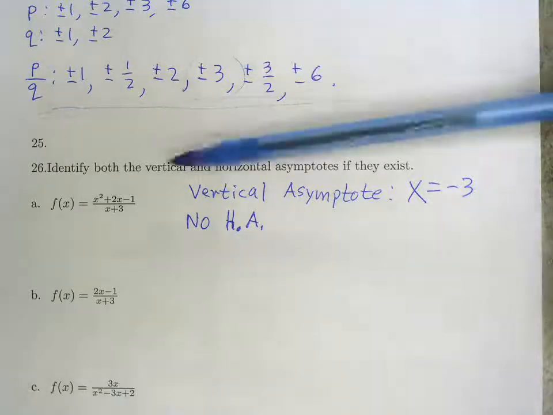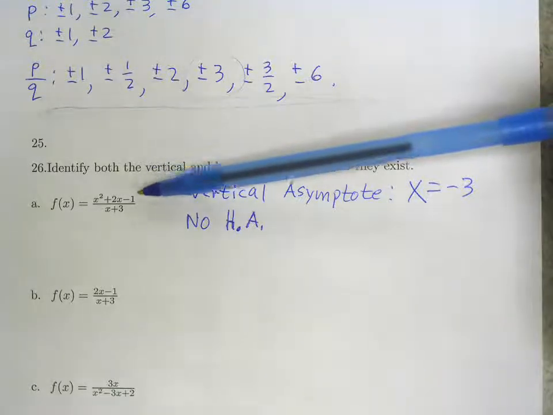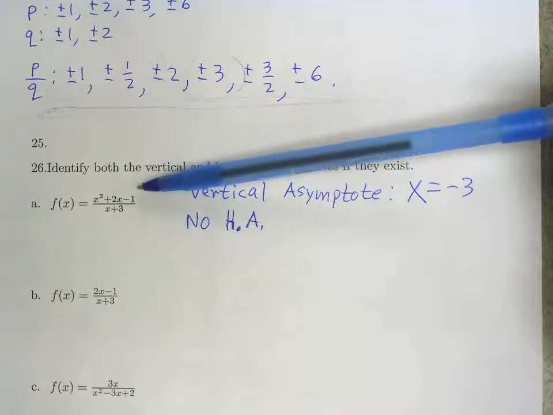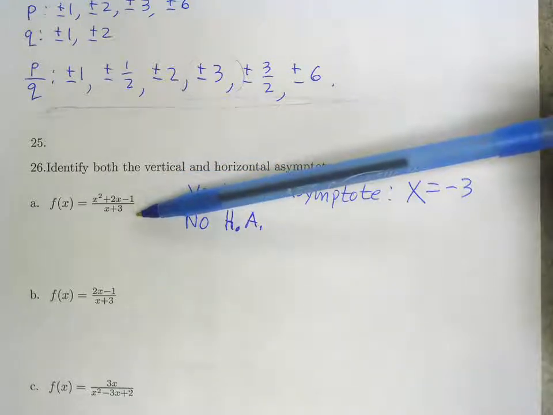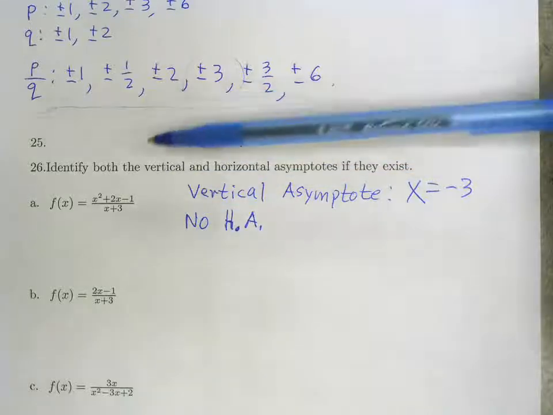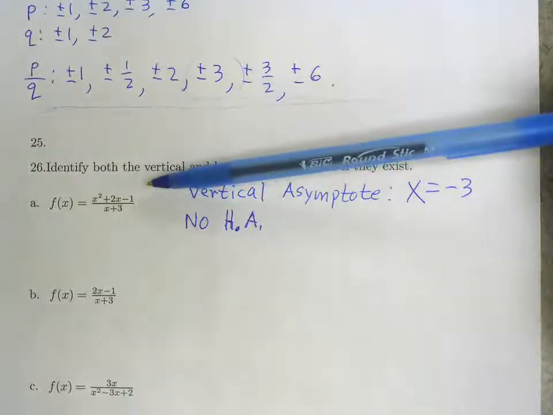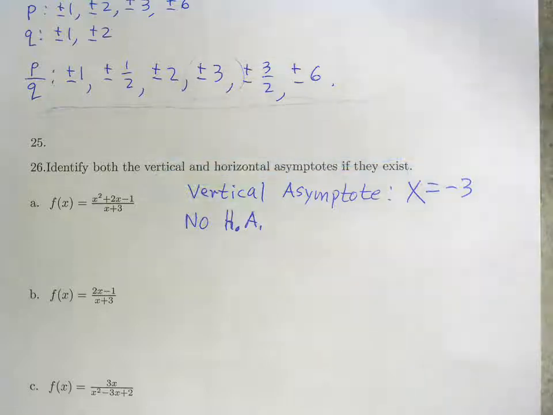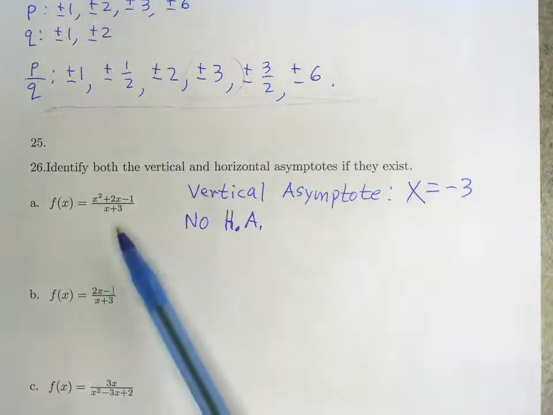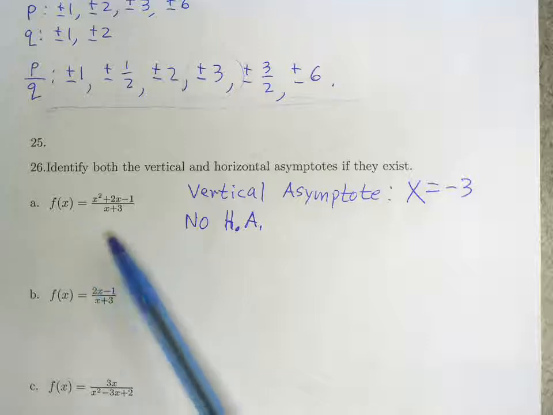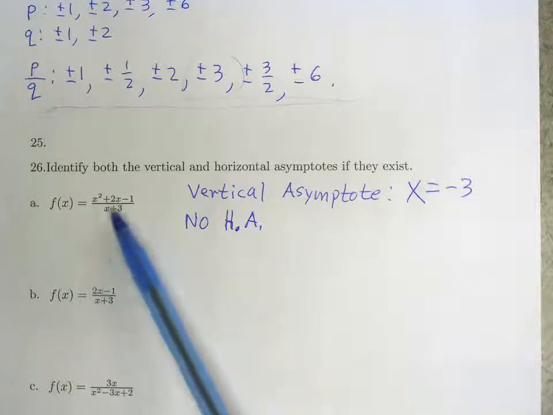And if you had to explain why, then you could say, well, the degree of the numerator is exactly 1 more than the degree of the denominator. And that means that the quotient is degree 1. And that means it's a straight line with non-zero slope. And that would be the slant asymptote.